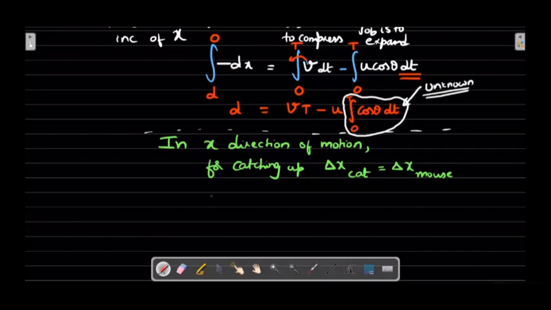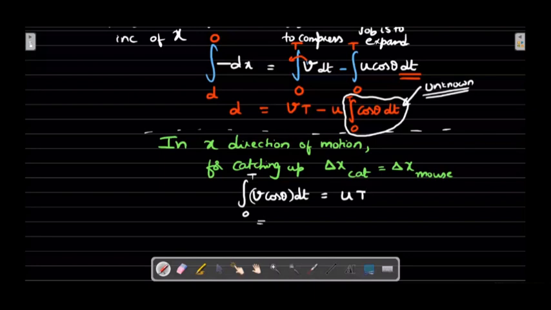So what is delta x of cat? Delta x of cat would be simply the integral of v cos theta dt, because it's the x component, from 0 to capital T. And this should be simply, remember, the mouse is moving along the x-axis with a constant velocity. Therefore, this should be u into t.